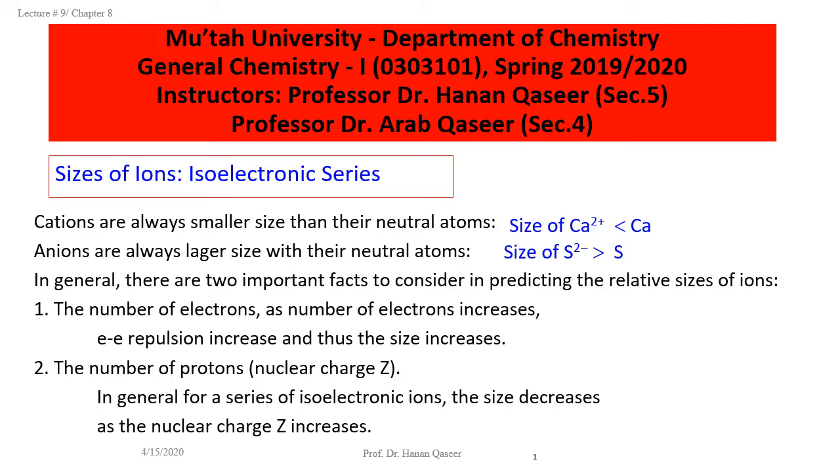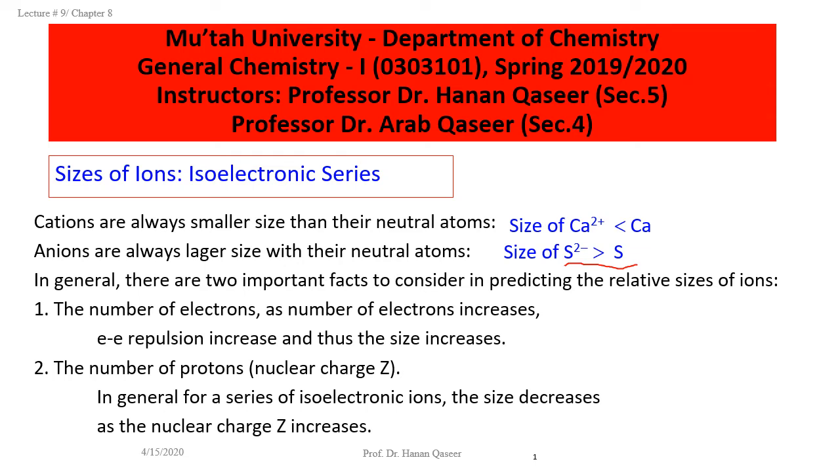And anions are always larger than their neutral atoms. If we compare anions with their neutral atoms, the size of an anion is greater than the size of its neutral or parent atom. Example, the sulfide ion has a larger size than the sulfur atom.